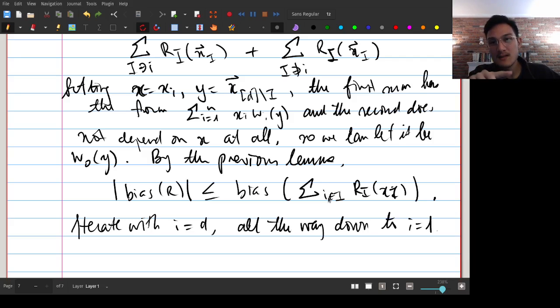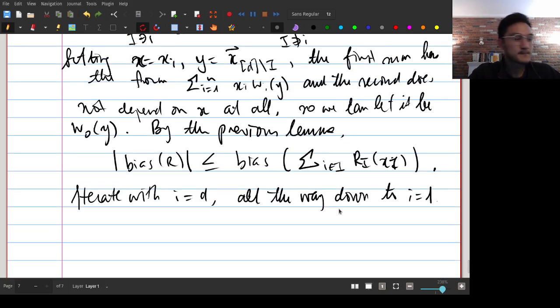So we just repeat and we put D minus 1 there and D becomes D minus 1. Then you just keep going until you just have one set on the right hand side, R sub square bracket D. Okay, and so that proves this lemma.